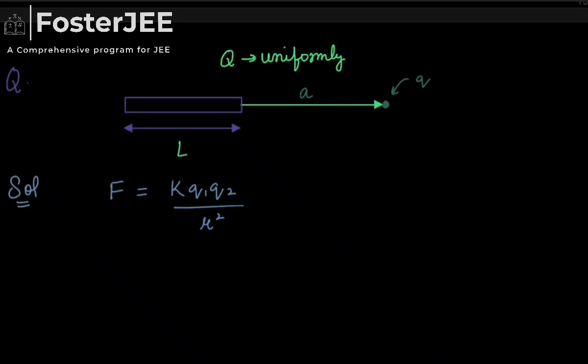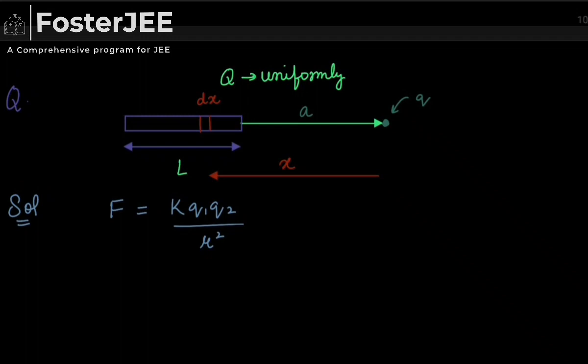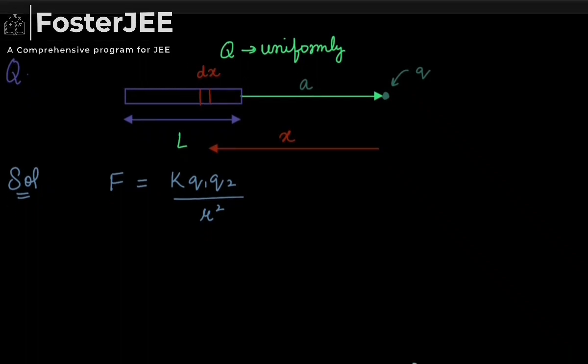So in that case we will take one element from this charge q, which is at a distance x. Let's say the length of this element is dx, where dx is very small. This d is used for a very small element.